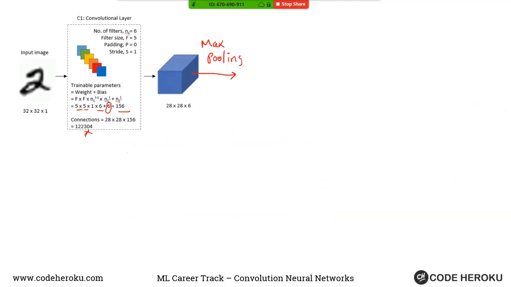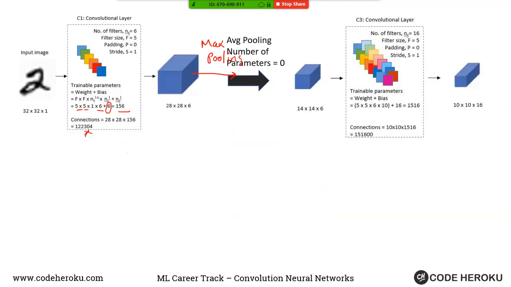So with max pooling or average pooling, the number of parameters is 0, and then you pass it through 16 filters of 5 times 5 times 6. I'm not sure where we are getting this 6 from.